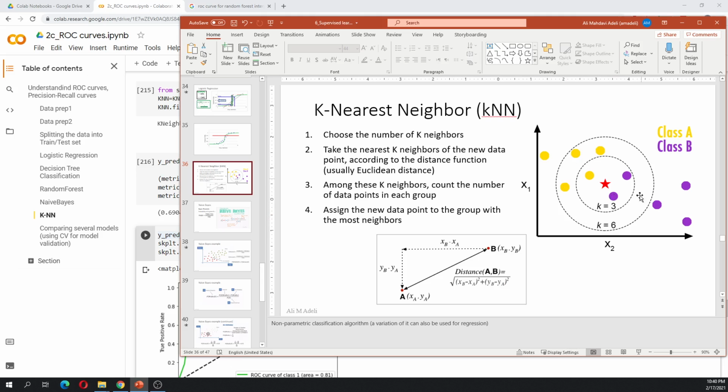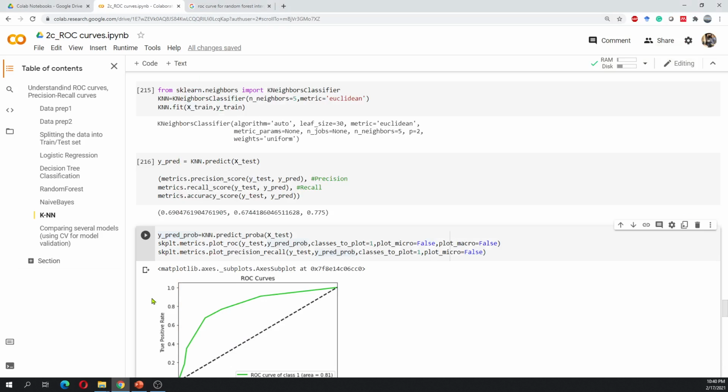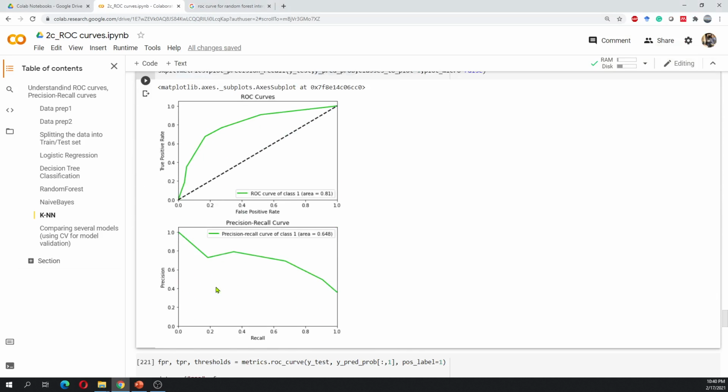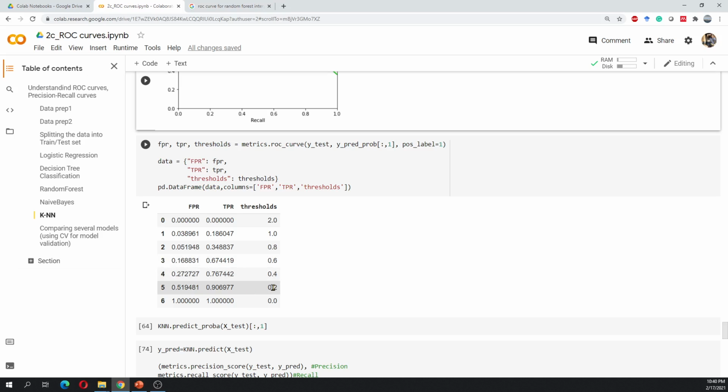So instead of that 50%, an equal value for purples or yellows in my neighborhood, if I said, if you have at least 20% purples in your neighborhood, assign this point to purple, then in this scenario, this red new point would be assigned to purple. And let's assume purple is our 1 class.